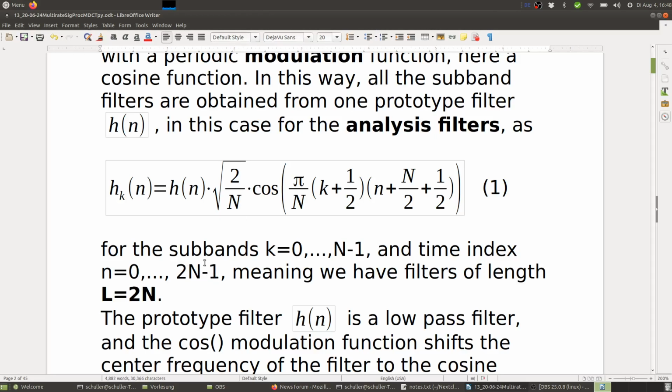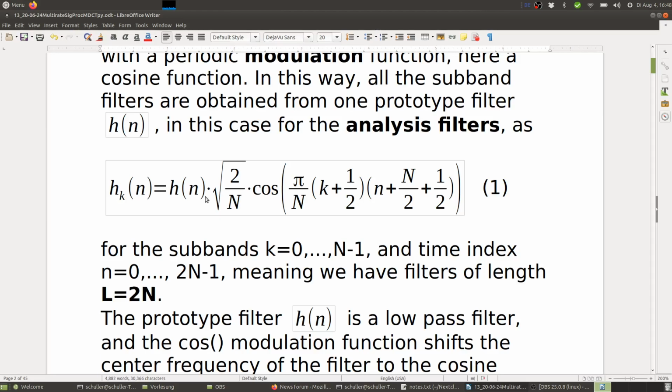So we extended the DCT4 and modified it. We extended it by length, going from 0 to 2N minus 1, and modified it with this additional phase term here, which turns out to be important for perfect reconstruction later. And we have this prototype filter or window function h(n).